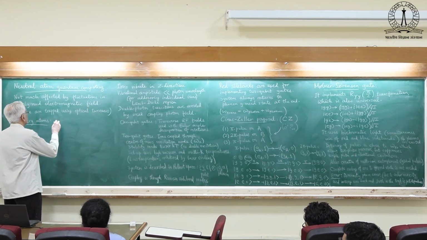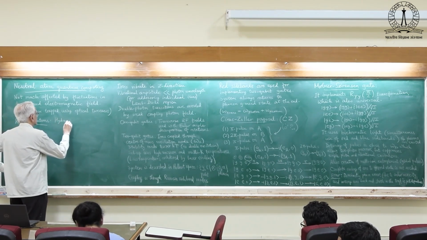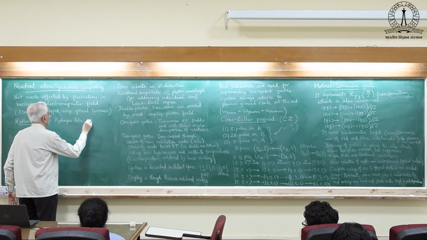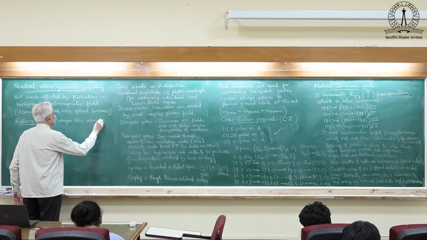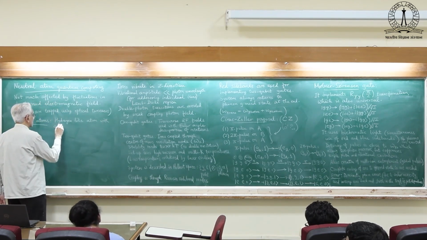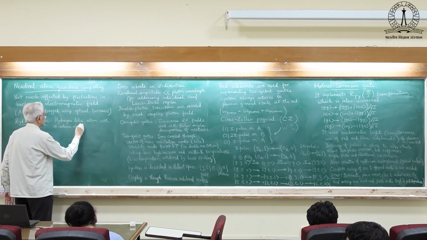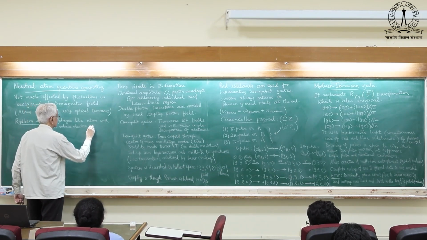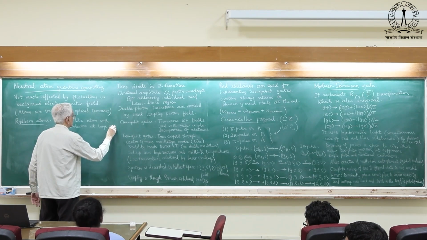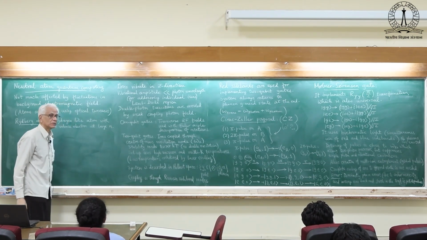And this is basically a hydrogen-like atom with a valence electron at large radial quantum number.